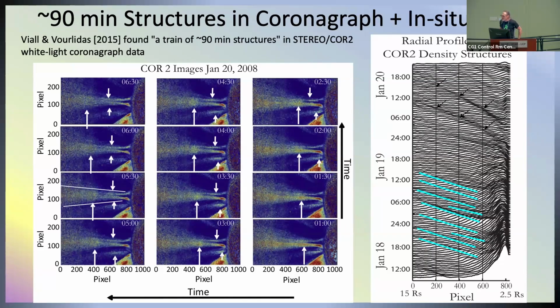The stuff you can see that's blobby and has a kind of signature in white light is pretty much always slow, because the fast wind is just that much less dense.